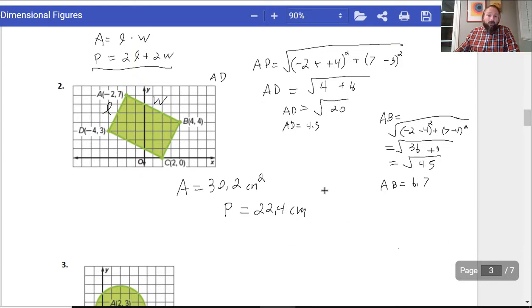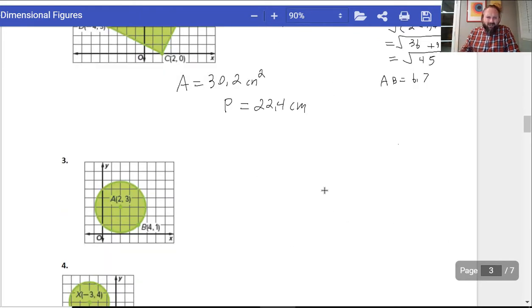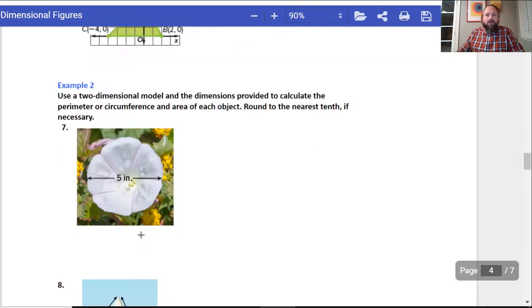All right, last one. Looking at this, I see that it goes 1, 2, 3, and 6. So I know that the circumference, our perimeter, is equal to the circumference, and that's equal to d times pi. I know that my area is equal to pi r squared. So my radius is 3, number 7, 8, and 9.